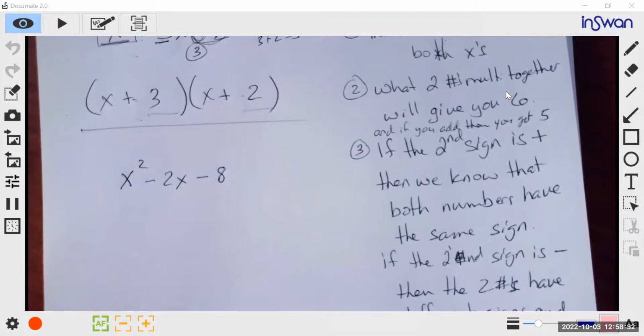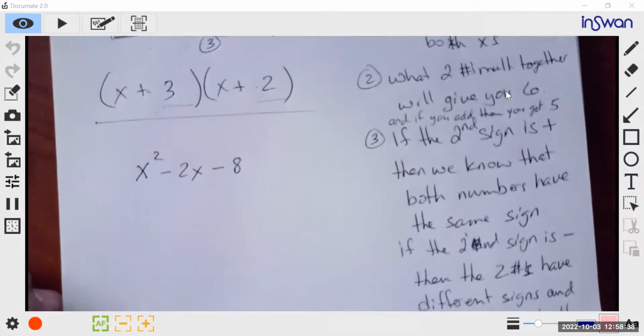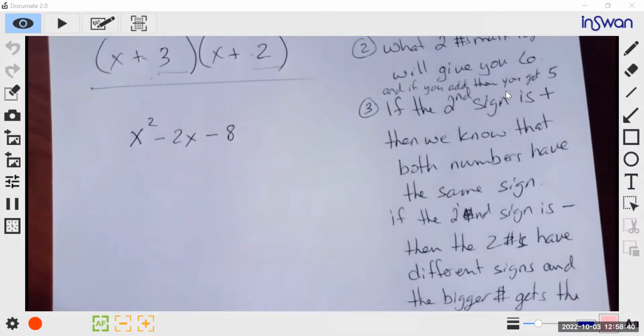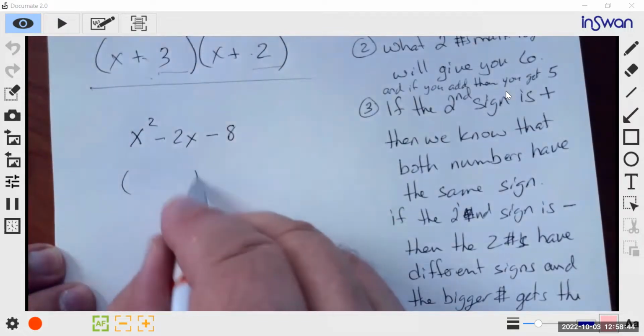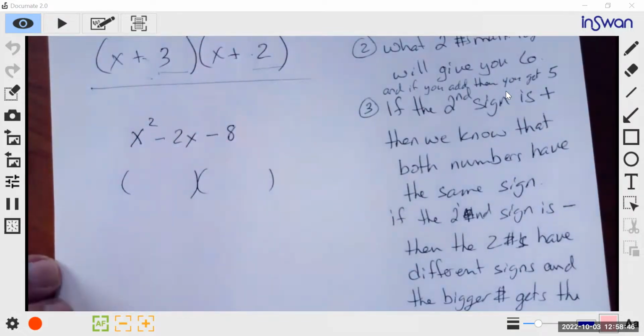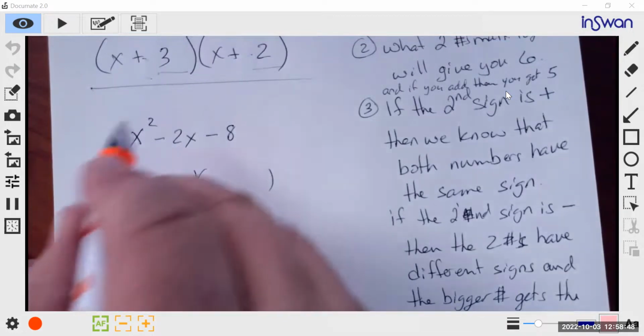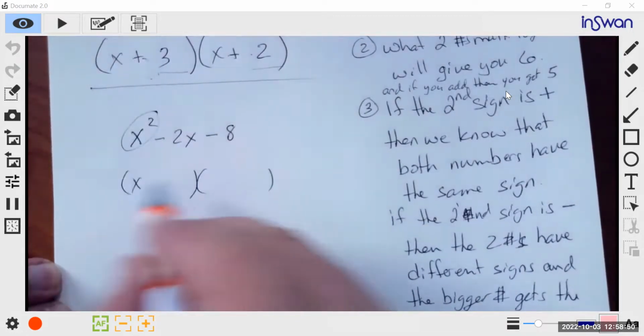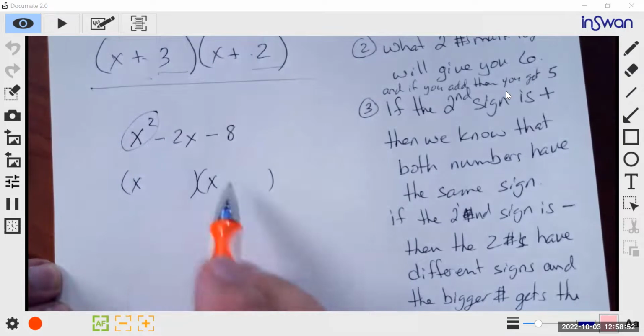Factor that one out. So we have 2 parentheses. What goes in the first spot? Yeah, they both have x's. What about the signs?